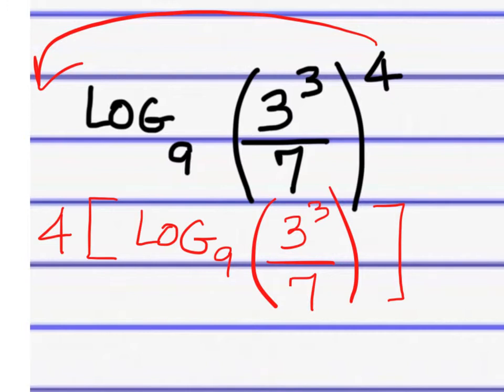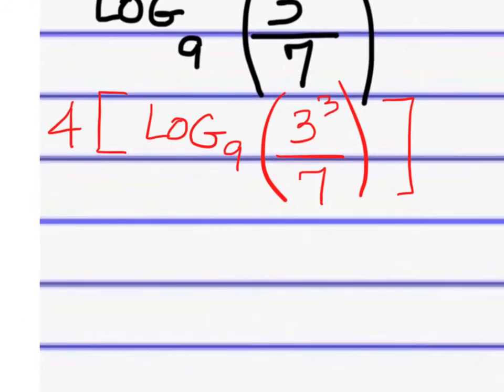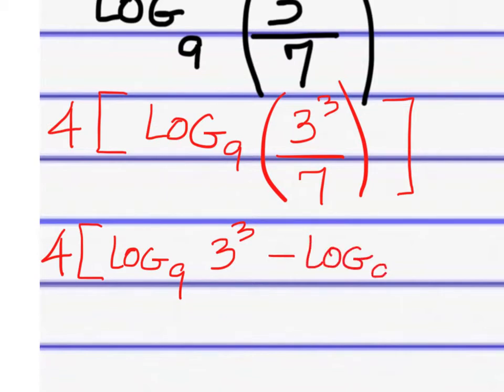It's not just going to be on the first log term when you split up this quotient. So once we make it to that point, remember the bracket and break up the quotient as this: log base 9 of 3 to the 3rd minus log base 9 of 7. When you split up quotients, it's going to be subtraction. When you split up products, it's going to be addition.